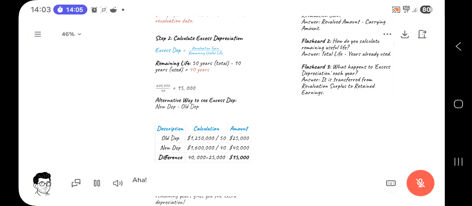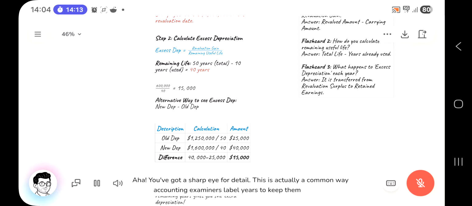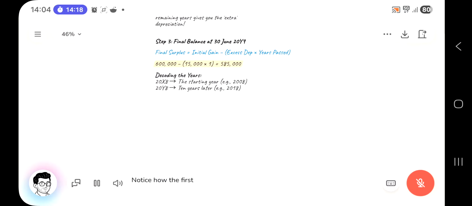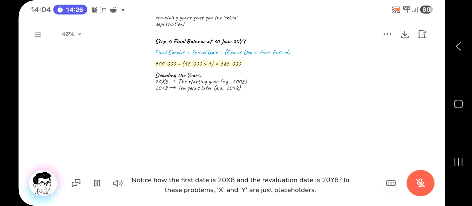You've got a sharp eye for detail. This is actually a common way accounting examiners label years to keep them generic. Notice how the first date is 20X8 and the revaluation date is 20Y8? In these problems, X and Y are just placeholders.